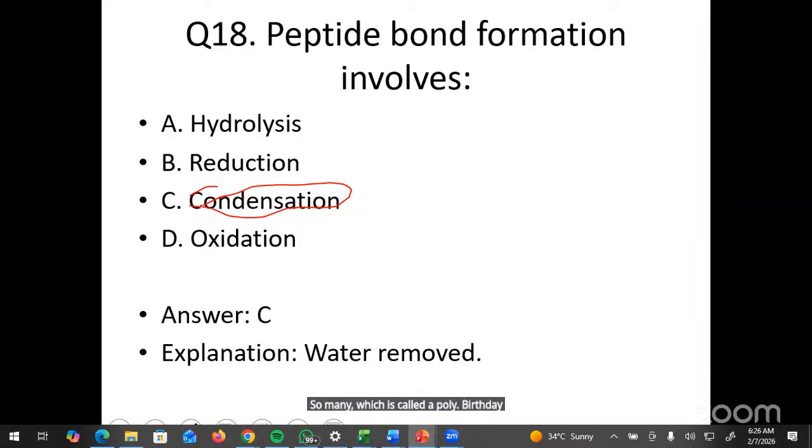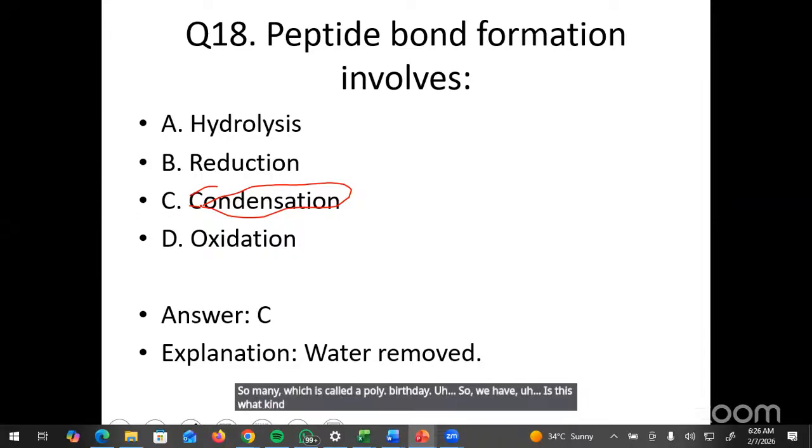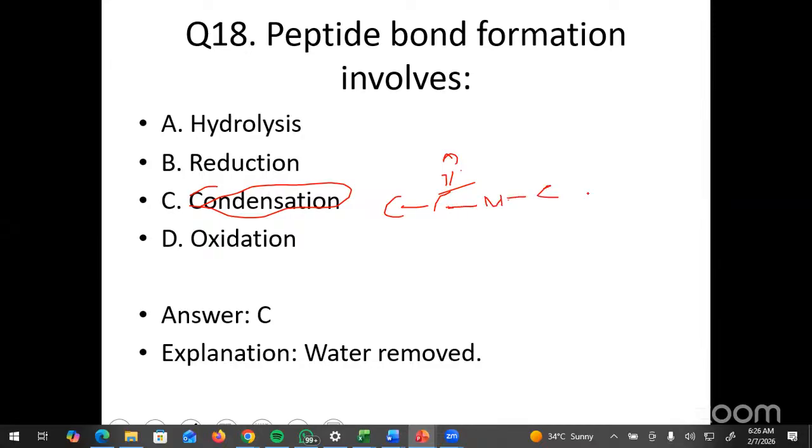So it is a condensation kind of reaction. We have something like this. This is one amino acid.